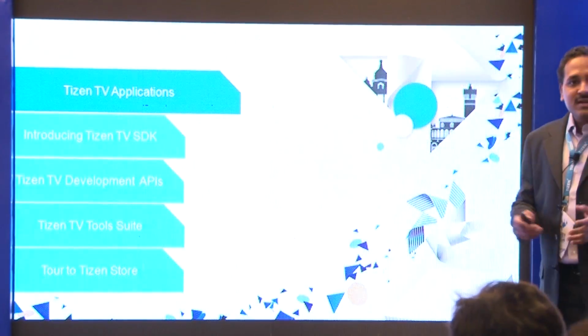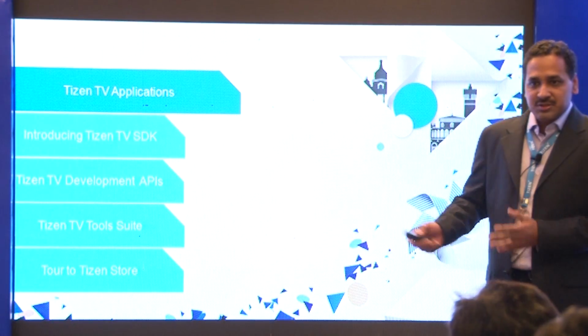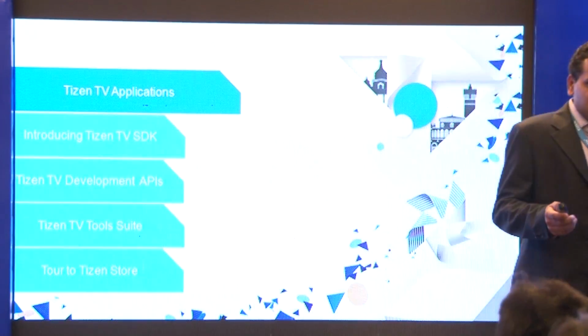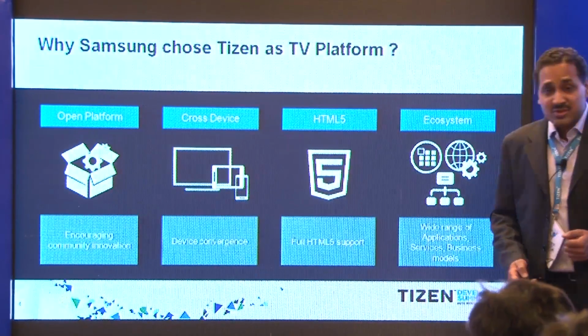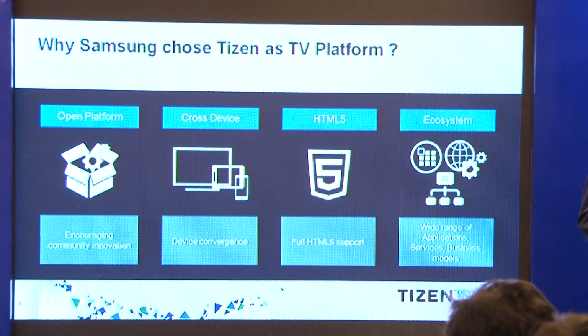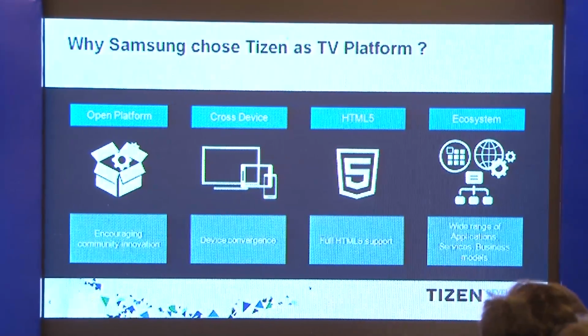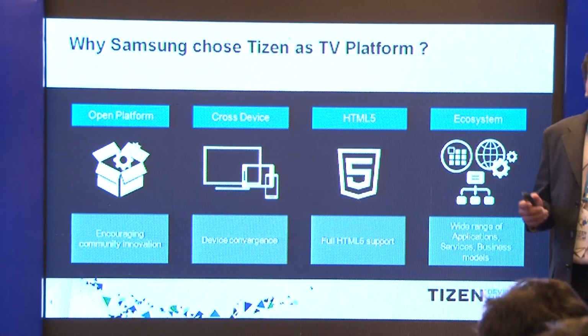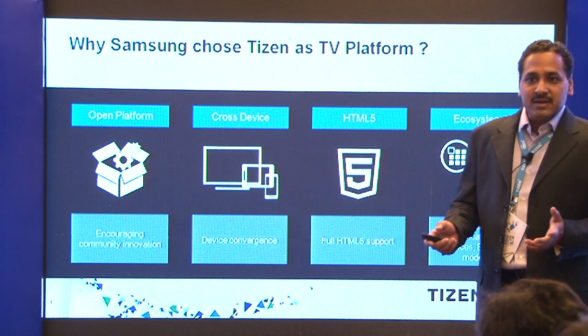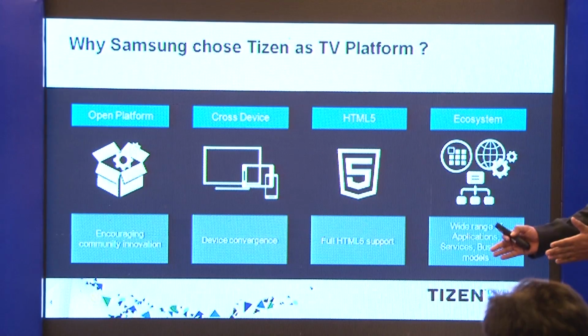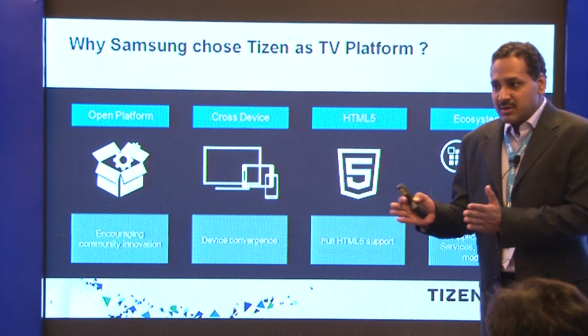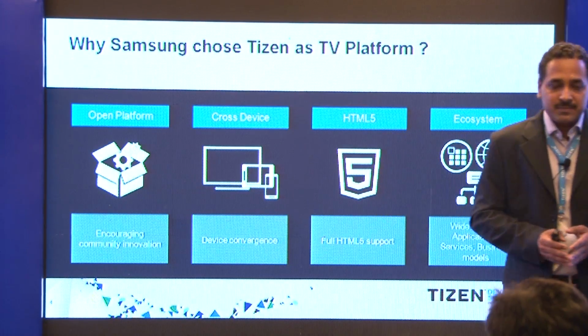So starting off with Tizen TV applications and its structure. The first thing that comes to mind before we jump to Tizen TV applications is why Samsung chose Tizen as a TV platform. Tizen is an open platform, encouraging community innovation and giving flexibility to users to adapt to UX design.